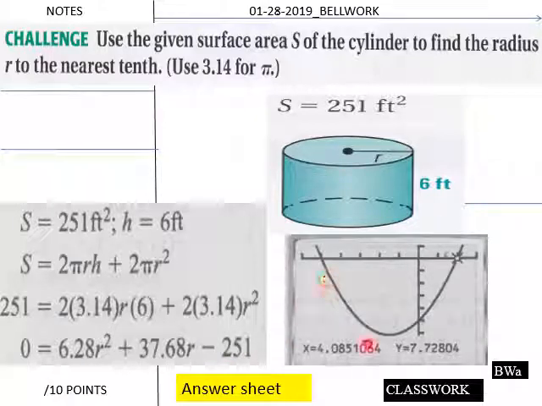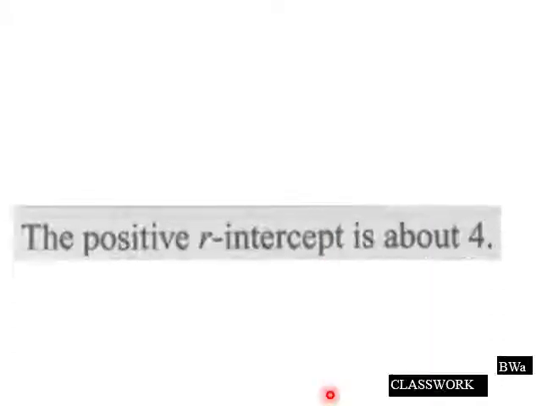We don't know what our r is, but we come up with this quadratic here to find it. And then we graph it, and we have 4.08 and then 7.7. See, when x equals 4, y equals 7.7204.